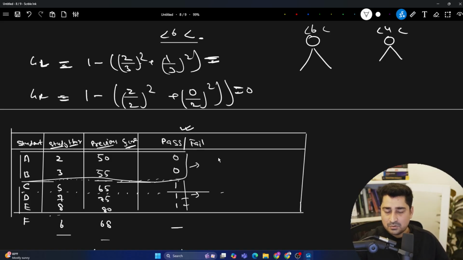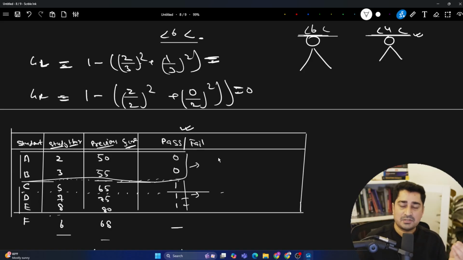How will I be able to decide whether I am supposed to split at 6 or at 4? How am I going to decide whether to split my data at study hour equal to 6, or at study hour equal to 4?